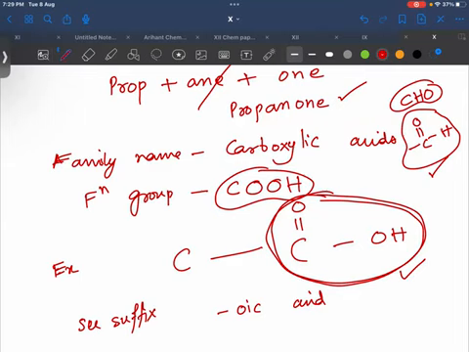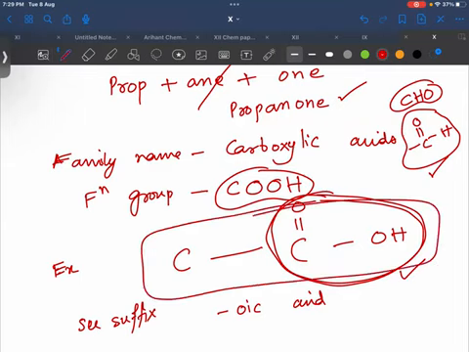तो इसका नाम बताओ मेरे को. Good. That's the common name. What is the name of this, everyone?